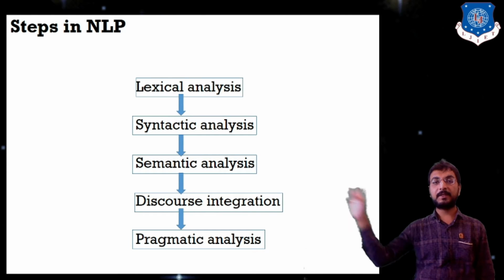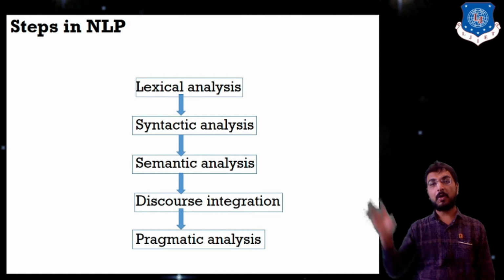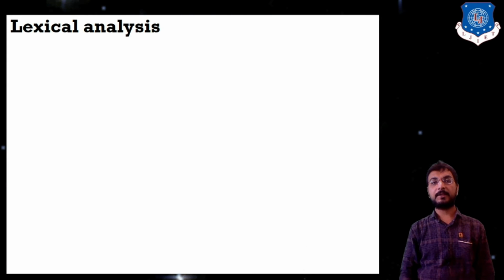So a total of 5 steps are involved in natural language processing. We are going to study all these steps individually to carry out the entire process of natural language processing. So let us start with the first step, lexical analysis.